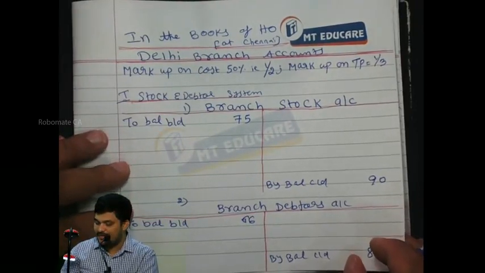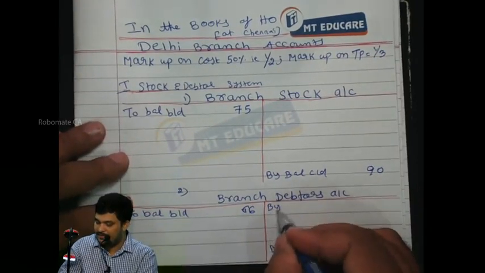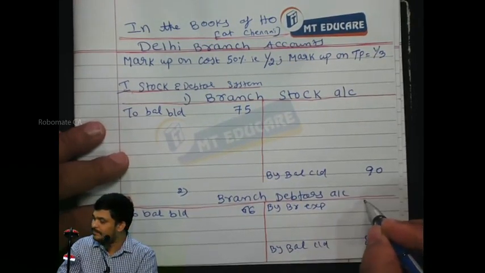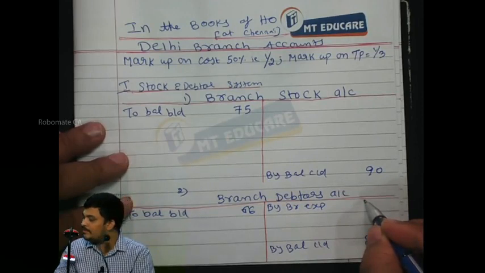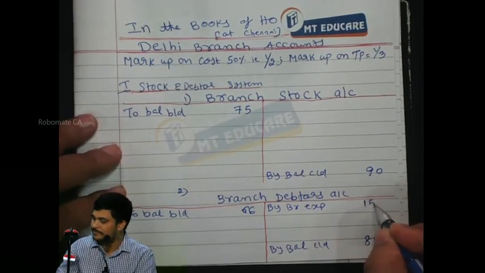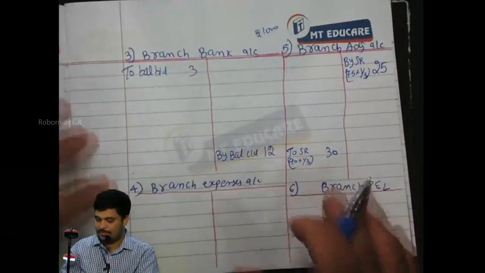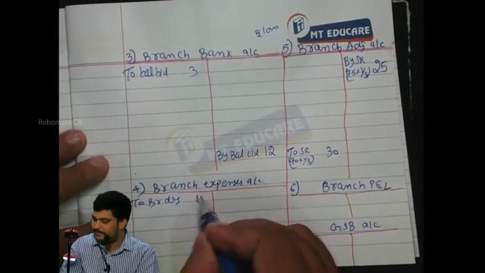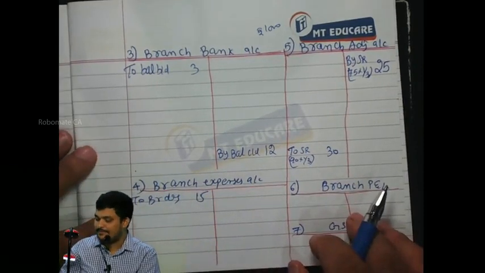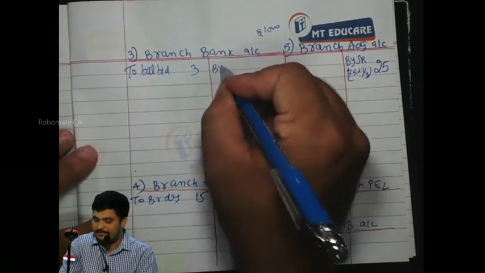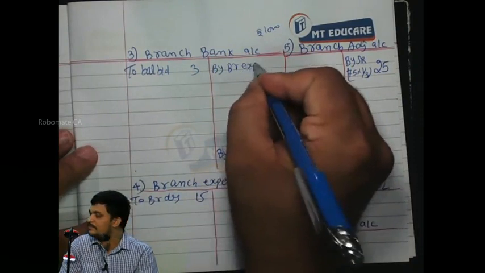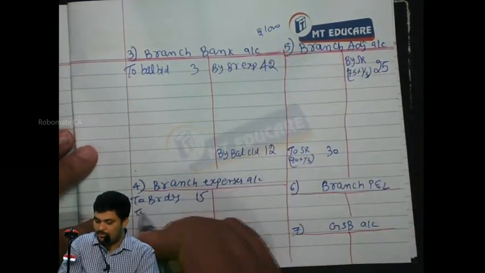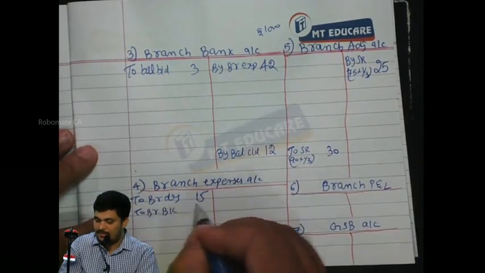Transactions. Bad debts: by branch expenses 15, to branch debtors 15. Branch expenses paid: by branch expenses 42, to branch bank 42.